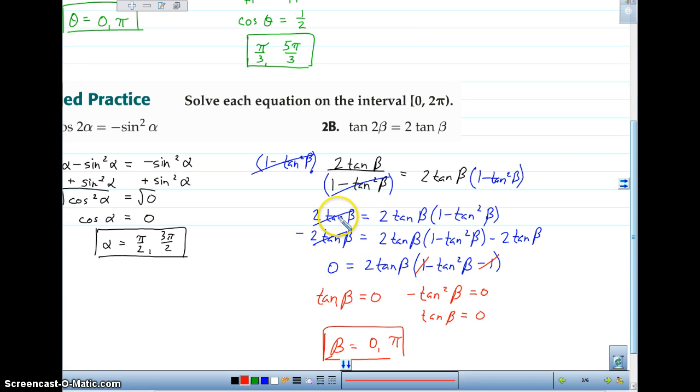Now on this side I wanted to set it equal to 0, so I subtracted the 2 tangent beta over, factored out a 2 tangent beta, and I was left with 1 minus tangent squared beta. The 1's canceled out, and so you're left with the zero product property. Tangent of beta is either equal to 0 or negative tangent squared beta is equal to 0. Since that's essentially the same thing when you solve for tangent, you get tangent of beta is equal to 0. Your only two solutions are at 0 and pi, where tangent is 0.